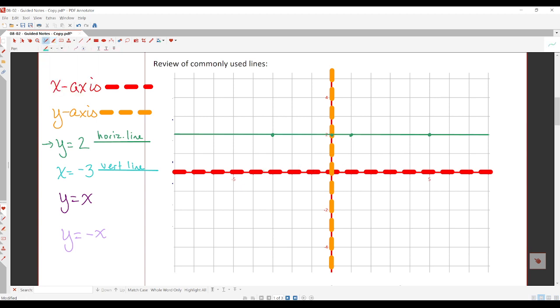So -3, 0, -3, 2, -3, -1, -3, -5. And if we connect all those dots, we get that line right there. I'm going to go ahead and make those a little bolder, just to make sure that everybody can see them clearly.